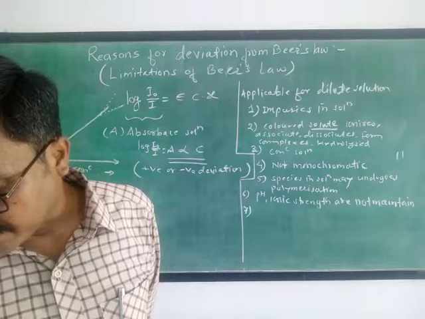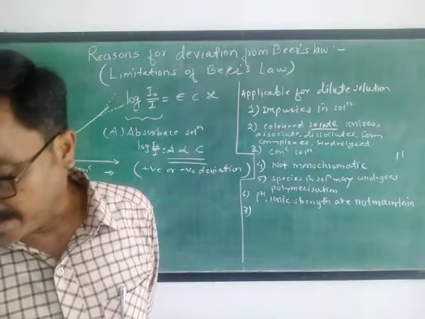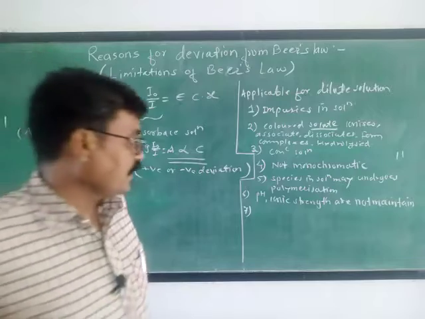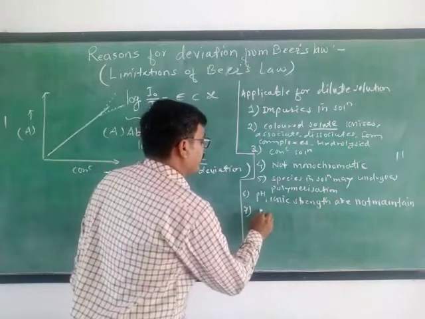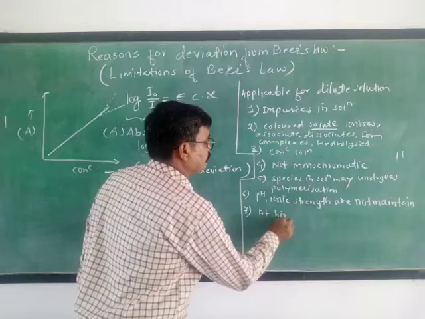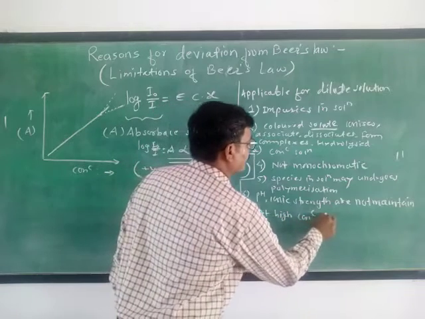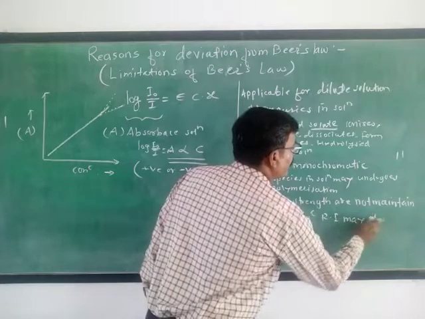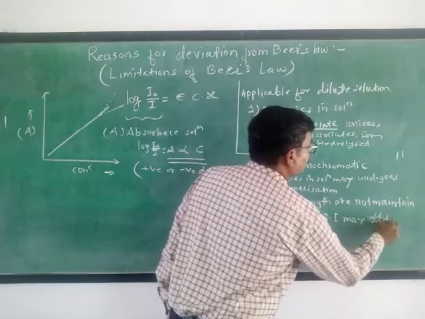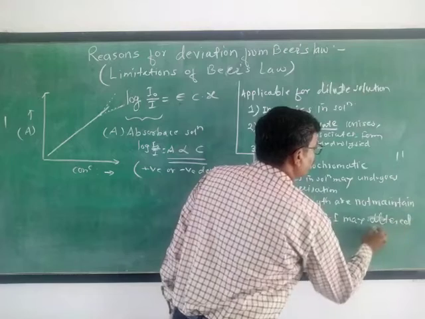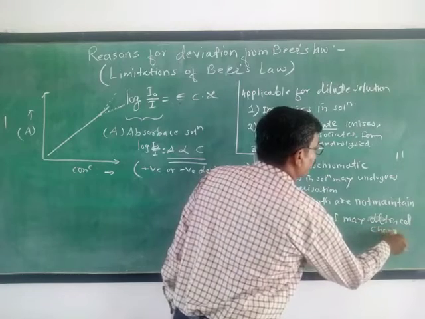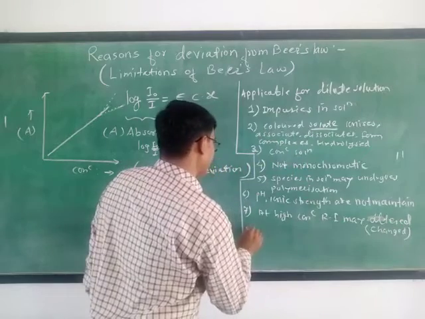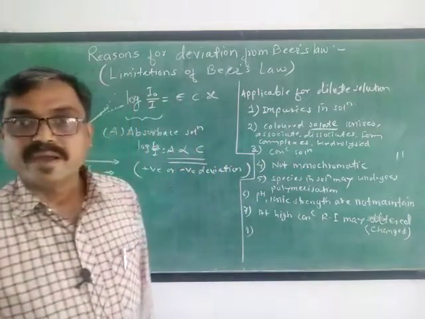And again, there are several reasons. At high concentration the refractive index may change, may alter. Alter means change, and due to this there is a possibility of deviation.